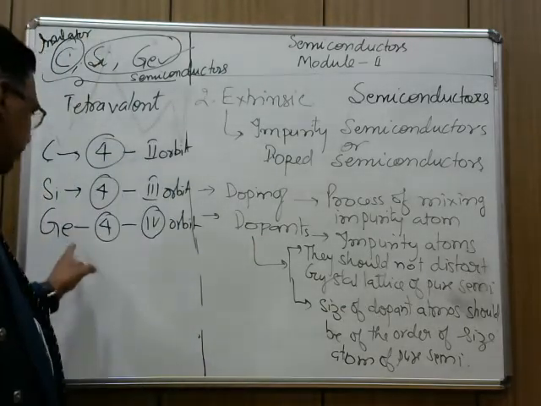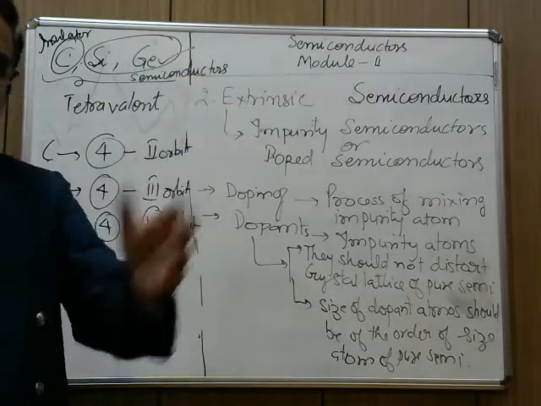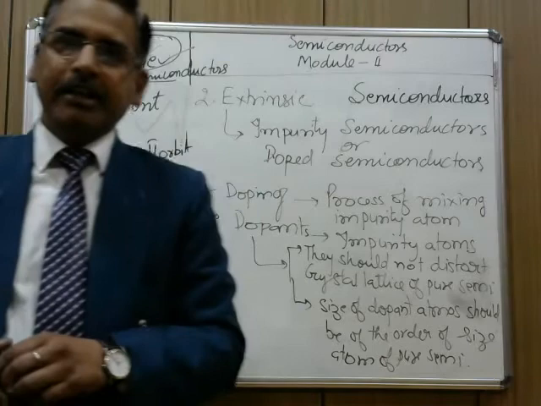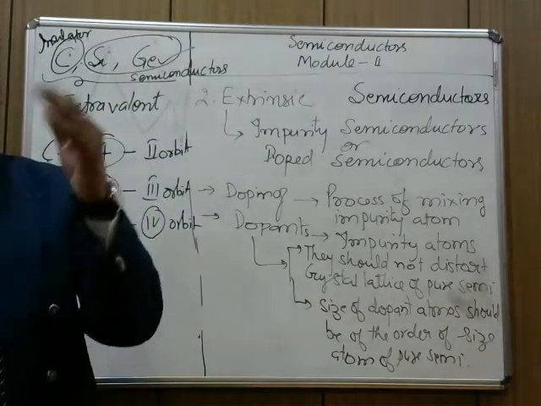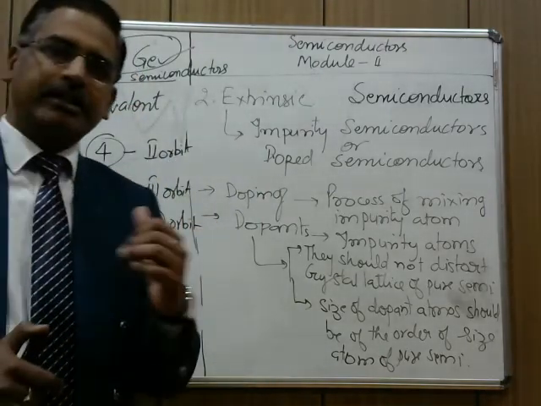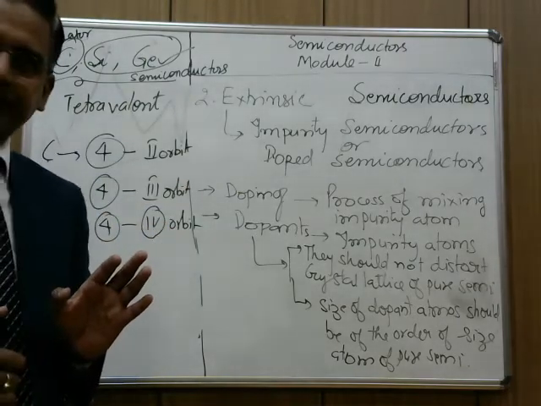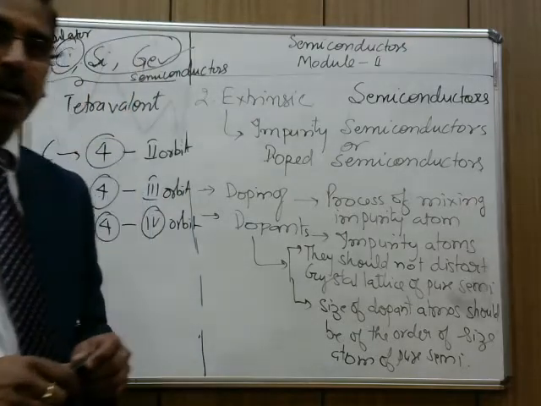If you talk about germanium, all the 4 valence electrons are in the fourth orbit, and therefore out of the 3, germanium has the least force of attraction on the valence electrons, and therefore its conductivity is maximum among all. This is one way of answering. The second way you need to learn.